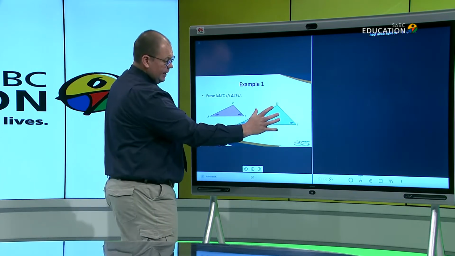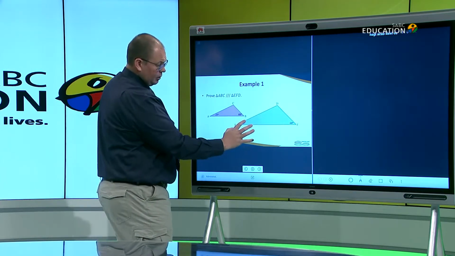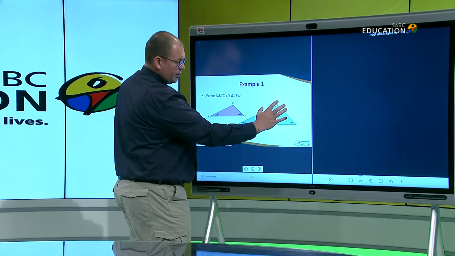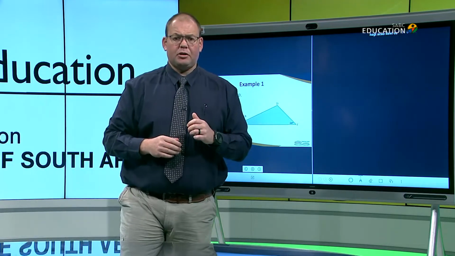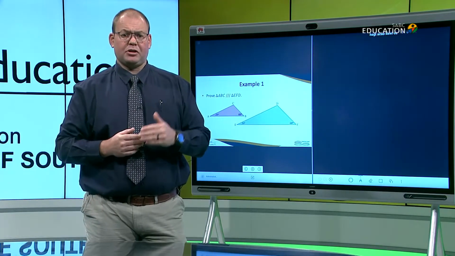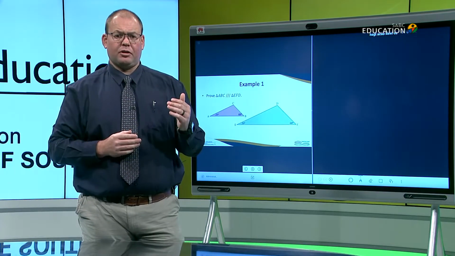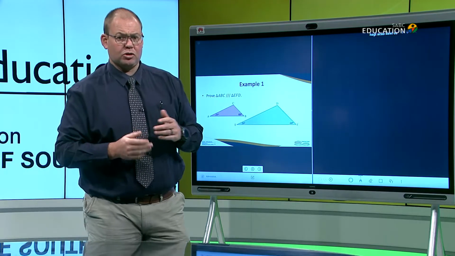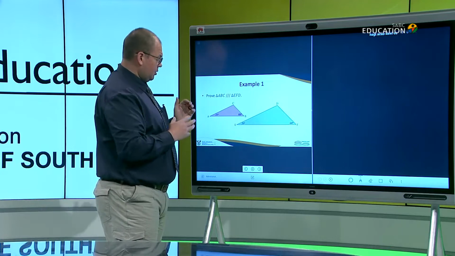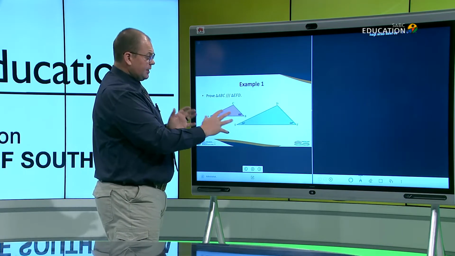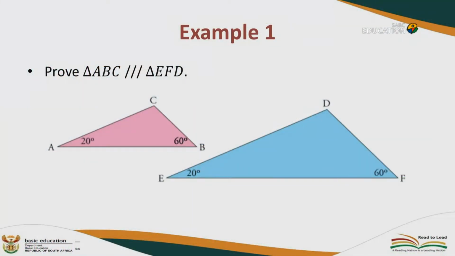Then in the second triangle, we've again got an angle, and then the third angle is left out. So obviously, you will know that you will not be using the length of the sides to prove that the sides are divided into the same ratio. So we will start with the angles. So firstly, we try and distinguish which of these angles are equal and whether it will be necessary for us to determine the size of angle C and angle D.